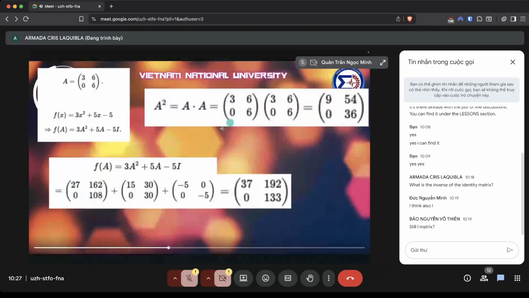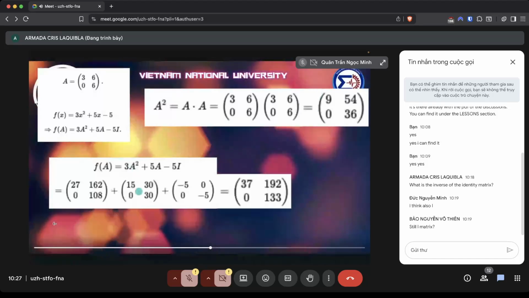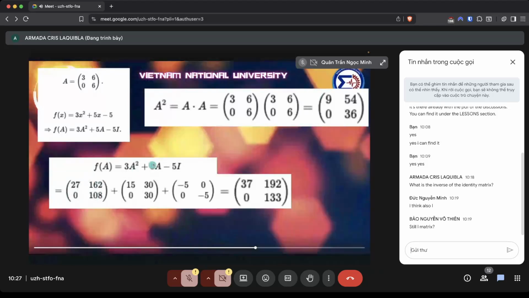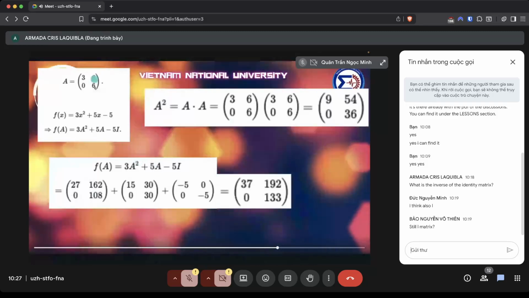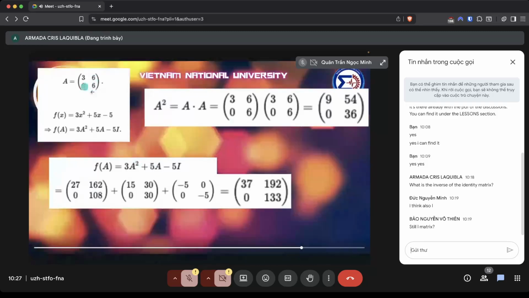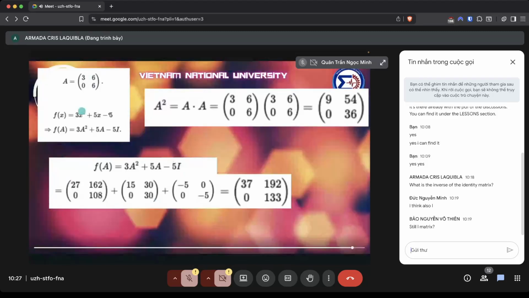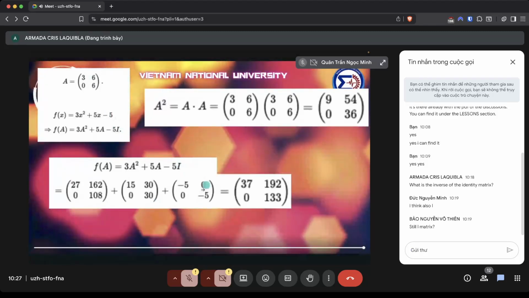So substitute it here, multiply it with 3. This is the result, 27, 162, 108, 0. Now multiply 5 with your A entries there, so it becomes 15, 0, 30, 30, and then negative 5. Your negative 5 there, class, you have to multiply that with the identity, which is 1001. So it becomes negative 5, 0, 0, negative 5.